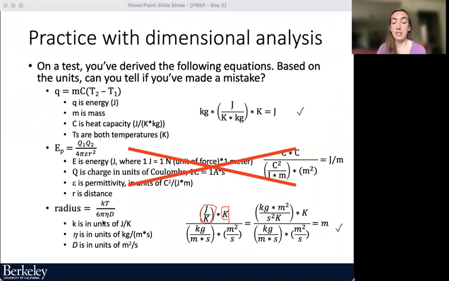The 6 and pi don't have any units. So they don't factor in at all here. And then this is called eta, the little n thing, is in units of kilograms divided by meters times second, which I gave you here. So that's what I've put here. And then the last thing, D, is in units of meters squared per second.